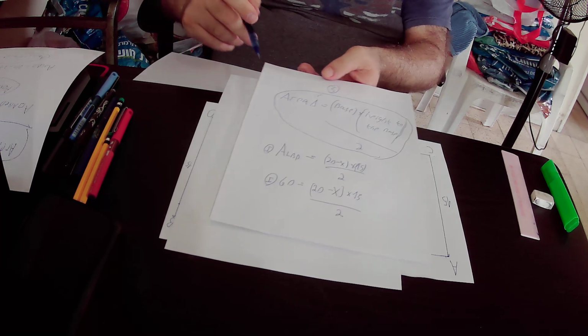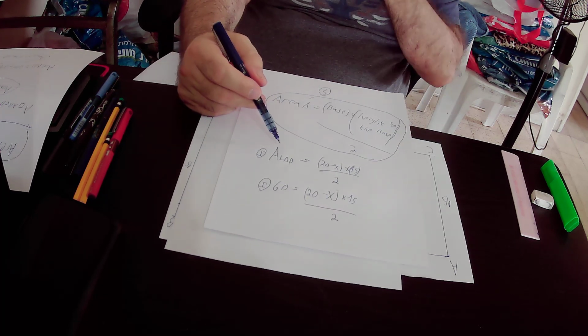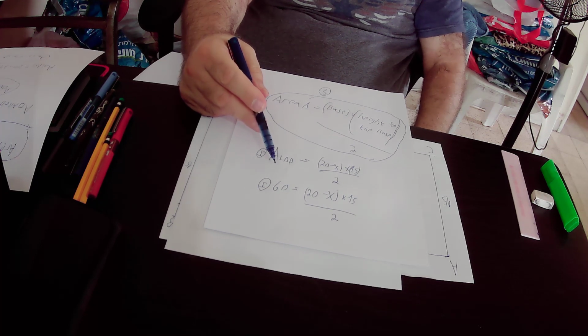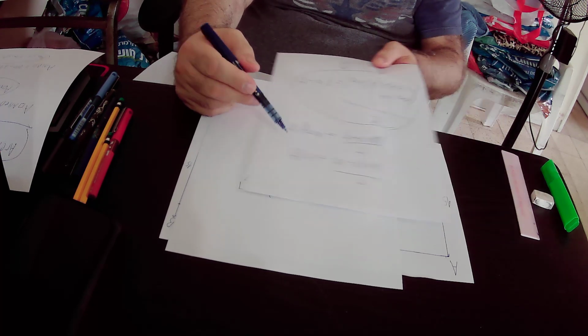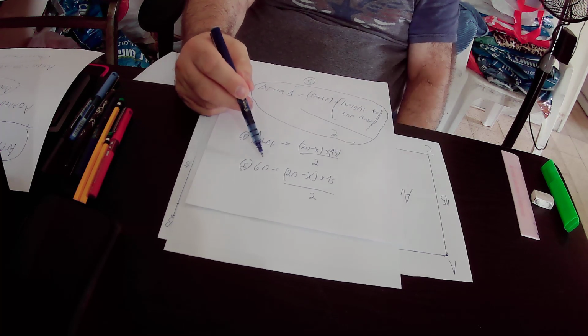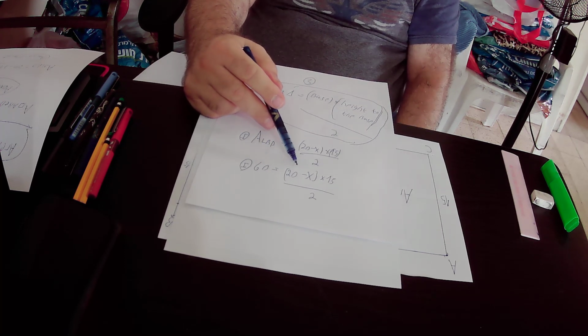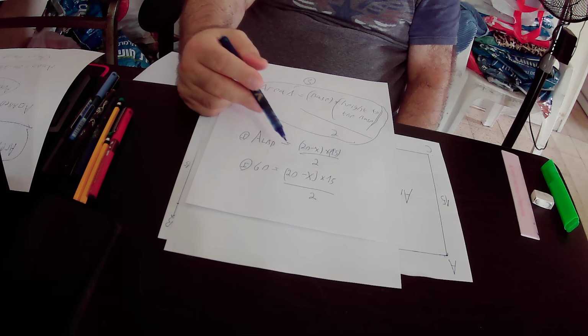Okay, so I substituted the area of LBD by 60 because it equals 60 units squared. So we got that 60 equals 20 minus x times 15 over 2.